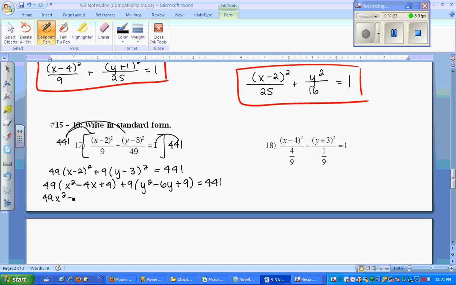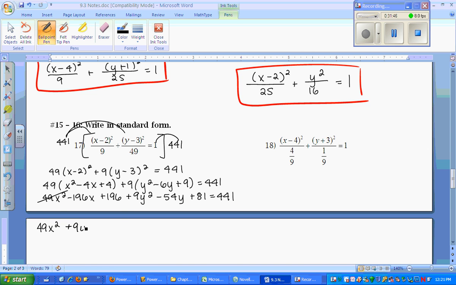Distribute. 49x squared minus 196x plus 196 plus 9y squared minus 54y plus 81 equals 441. And then make sure you write your terms in the correct order. And we write alphabetical and decreasing exponents.